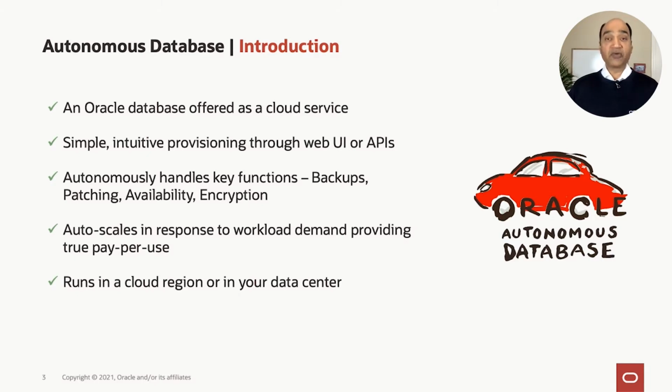To begin with, the provisioning of the database itself is very simplified, so that if you're a developer, a DBA, a line of business user, or even somebody responsible for deploying complex mission-critical database configurations, you can do all of that very intuitively from a simple web UI or programmatically through APIs and SDKs that are provided. And so provisioning has been highly simplified from the basic to the most complex configurations.